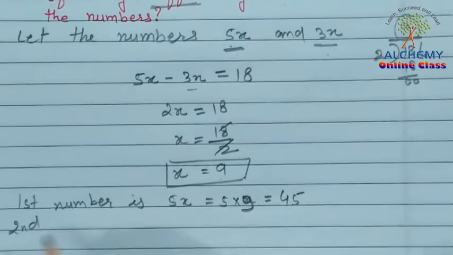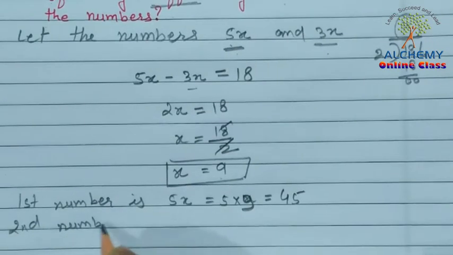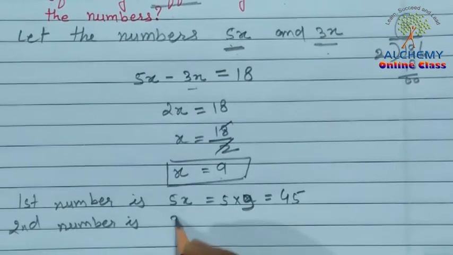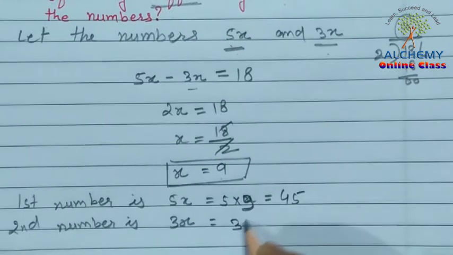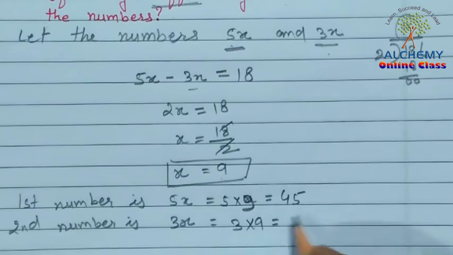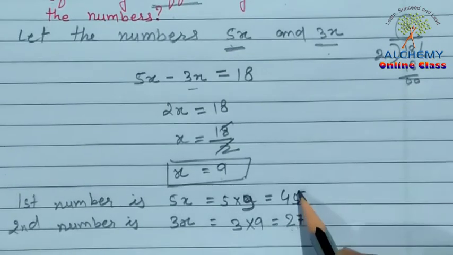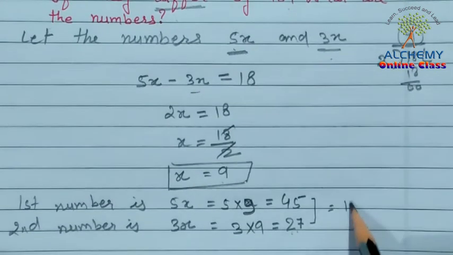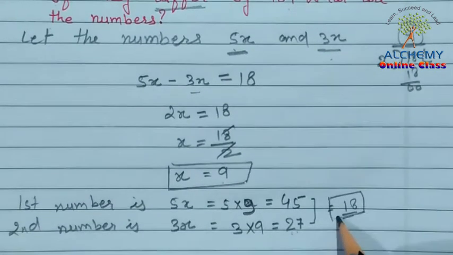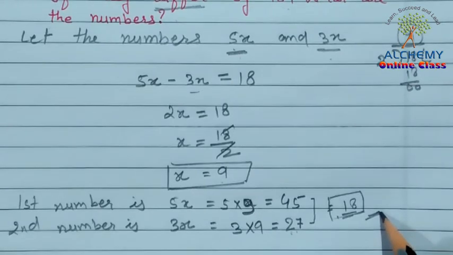The second number is 3x, which is equal to 3 into 9 is equal to 27. When you subtract this 27 from 45, definitely you will get the result 18 that is given in the question. So this is the way you can check your answer.